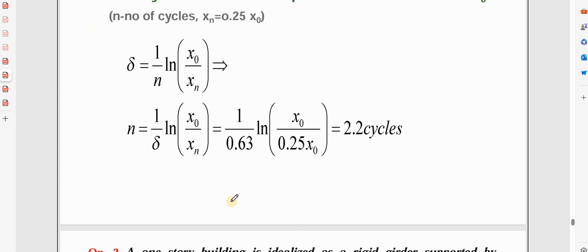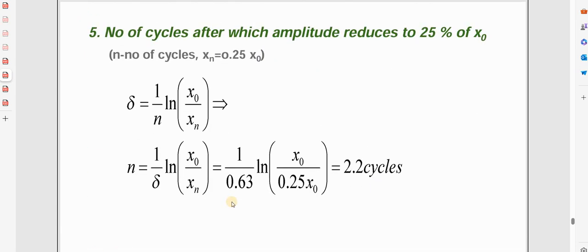Then the fifth one, they have asked about the number of cycles after which the amplitude is reduced to 25%. That is, if the initial amplitude was x0, at what number of cycles will the amplitude be reduced to 25%, that is when xn is equal to 0.25 of x0.